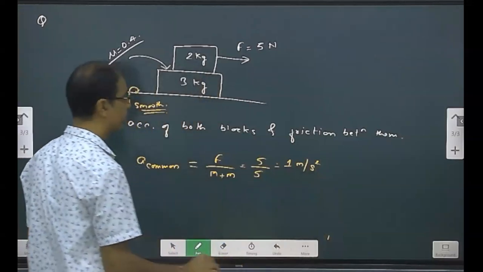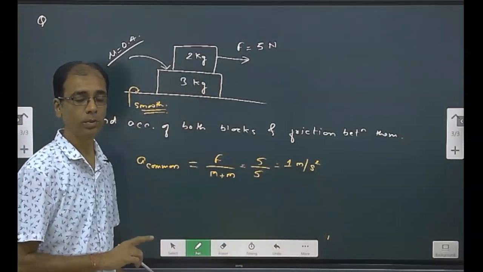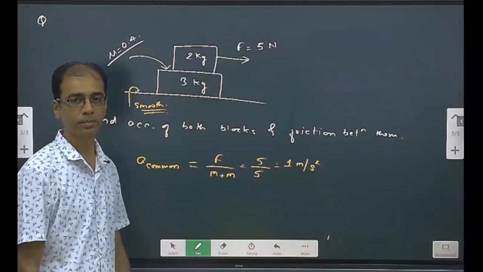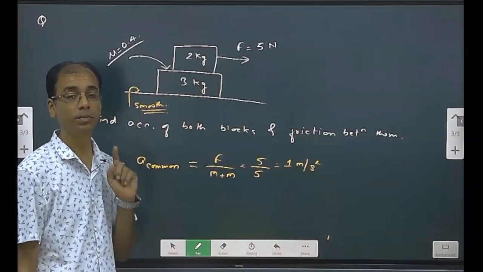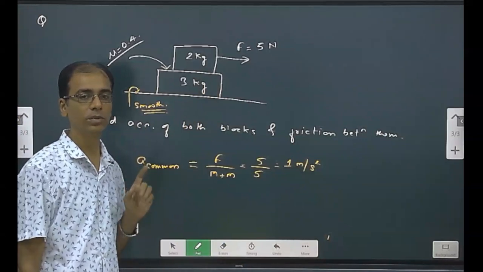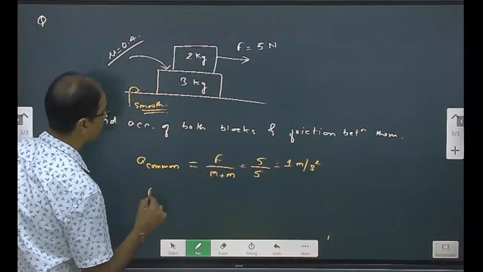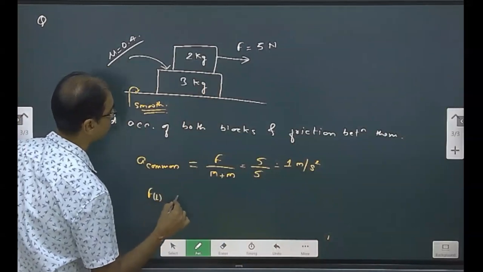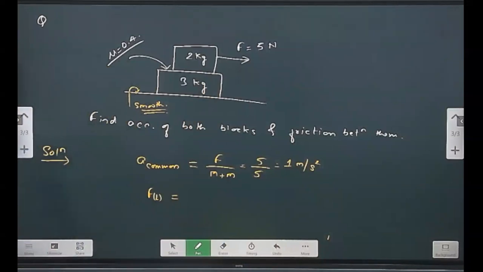Now, second question from you is, find out how much is the friction between 2 kg and 3 kg. Which friction? Limiting friction, because limiting friction is the first thing that we calculate here. What is the limiting friction between 2 kg and 3 kg? Come on, students.